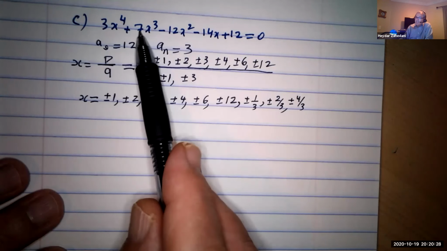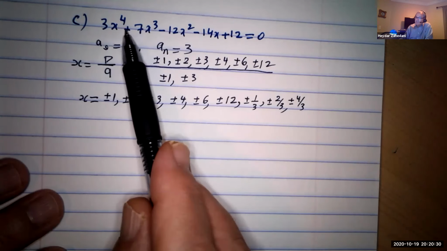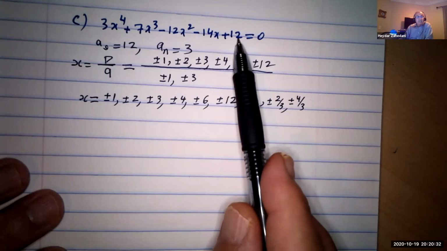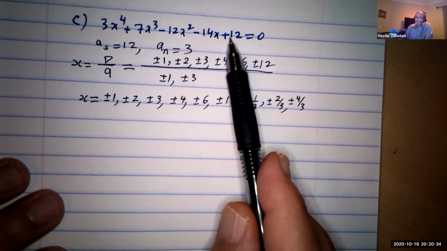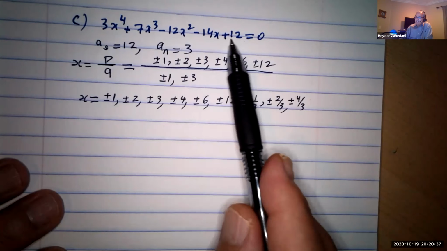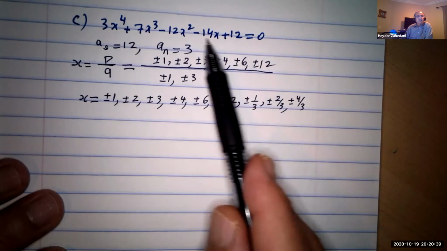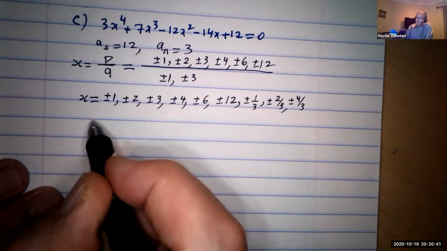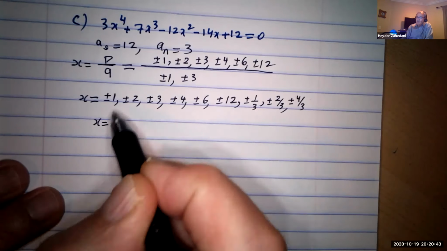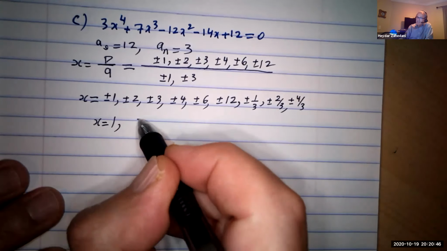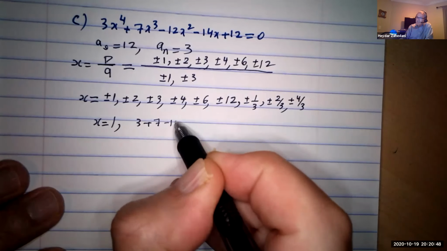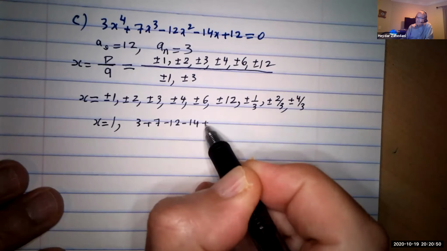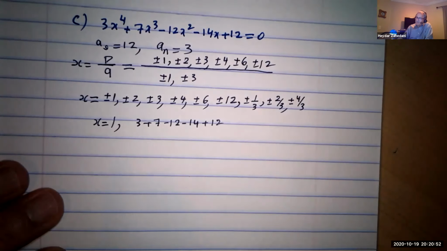If you put x equal to 1, you check the sum of the coefficients, because when substituting you get 3 plus 7 minus 12 minus 14 plus 12.